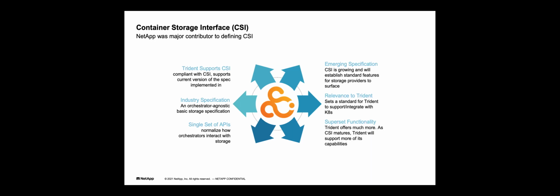So Trident, of course, is a CSI provisioner, and it's a superset of functionality. In addition to just dynamically provisioning storage, which is pretty remarkable on its own, it introduces the ability to do things like cloning data sets. And those are zero-cost copies, meaning we're not consuming twice the space.